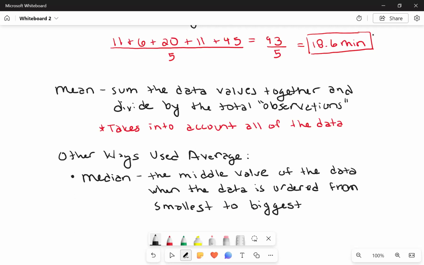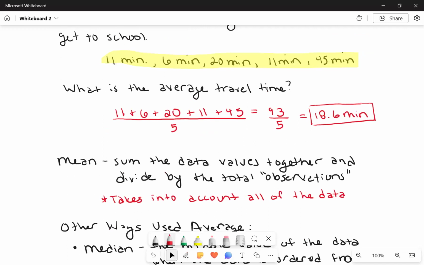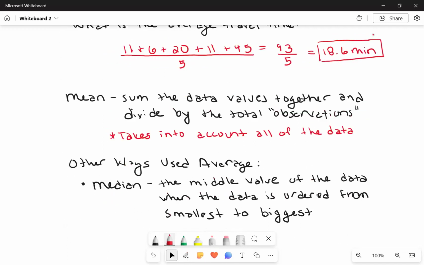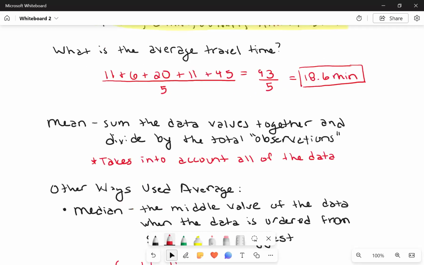If I wanted to find the median for the data I have up here, 11, 6, 20, 11, 45, let me put it in order first. I'd start with the smallest data, which is 6, and I'm going to drop the writing minutes. Then we have 11 twice, and then 20, and then 45.